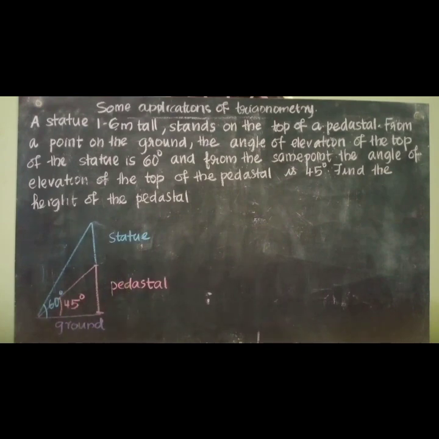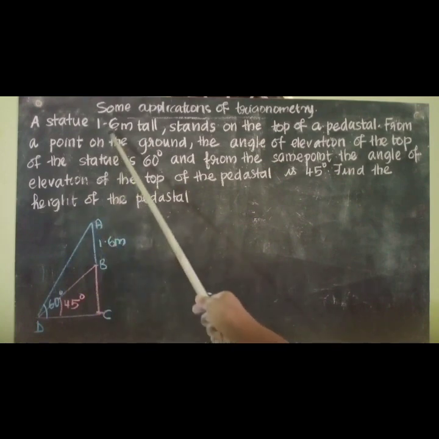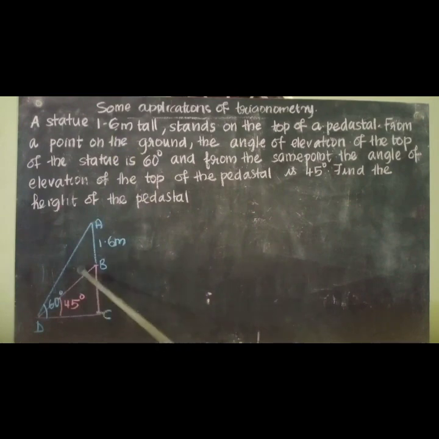Let us give names for the points. I gave here A, B, C, D. This AB is the statue. It has height 1.6 meter. I marked here. Now let us draw the right triangles separately.